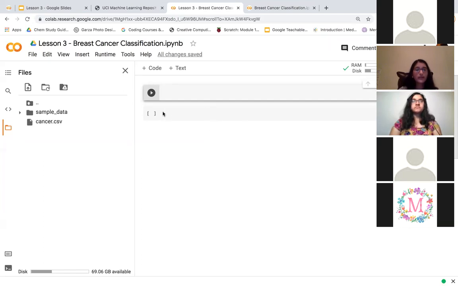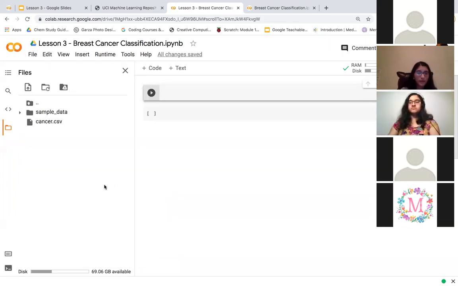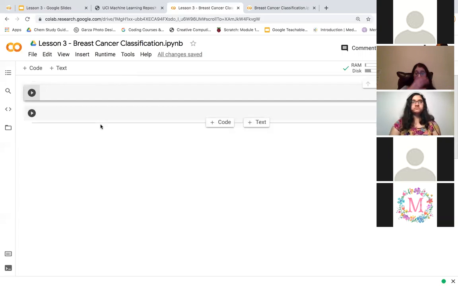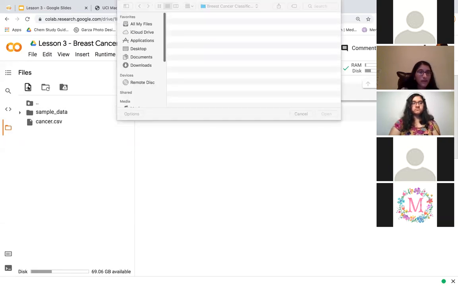Yes. If you're not able to open a new one, there should be a file here and then new notebook. That should open a new notebook for you. Okay, and then let me know if you're able to upload again. When you open a new notebook, you'll see these icons right here. Go to this file looking icon, and then you just have to press upload here.